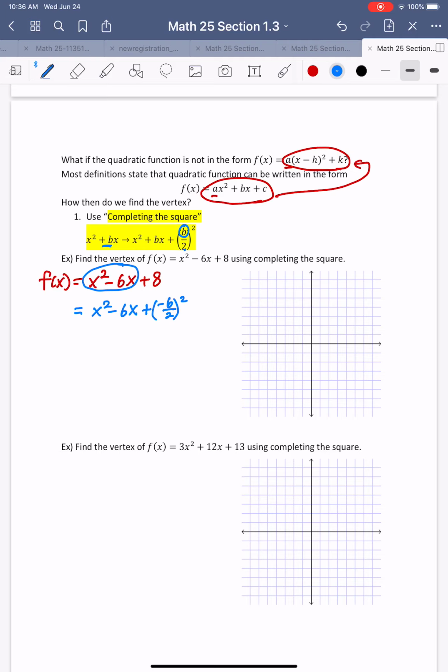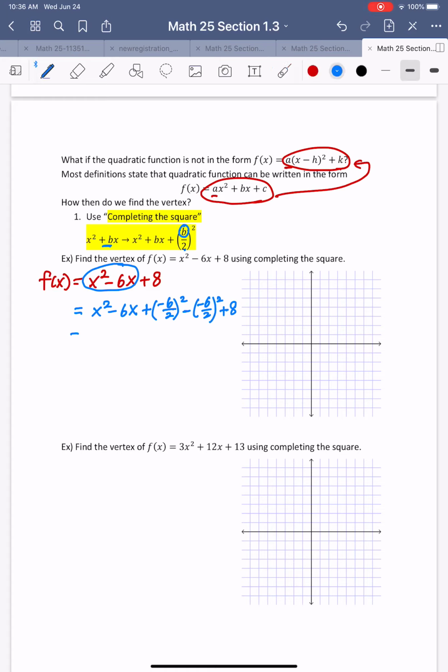But this is extra, right? So if you immediately subtract this, then the second expression is the same as the first expression, okay? Because these two cancel each other.